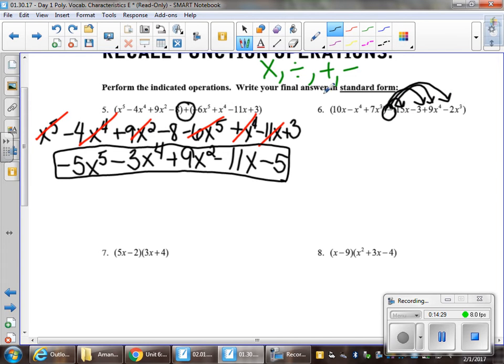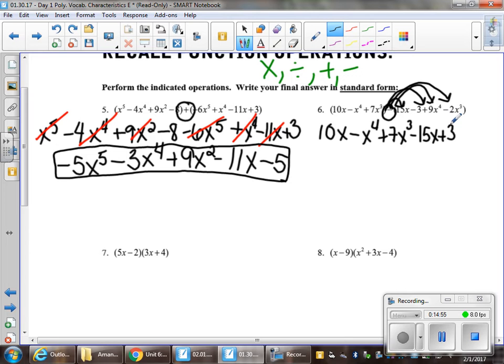Does anything change in this first parentheses? No. Okay, so what does this change to? When we do negative 1 times 15x. Negative 15x. Next.